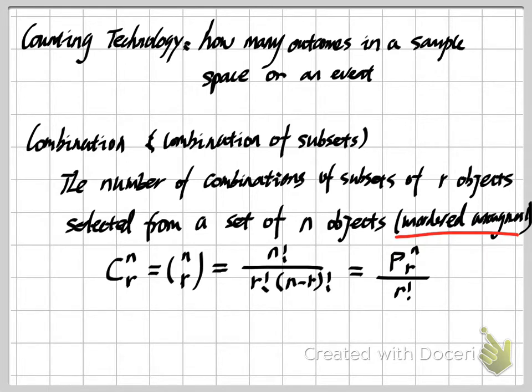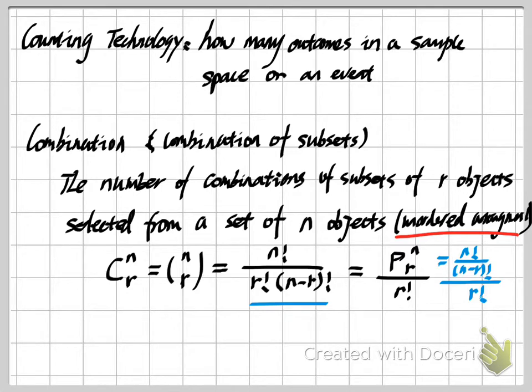Because P(N, R) is equal to N factorial divided by N minus R factorial, and then we divide it again by R factorial.